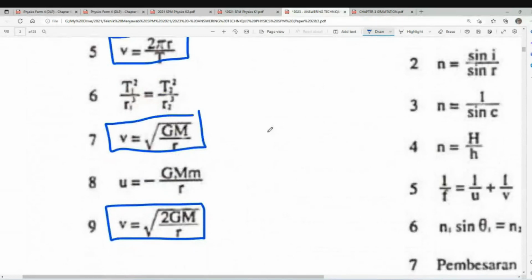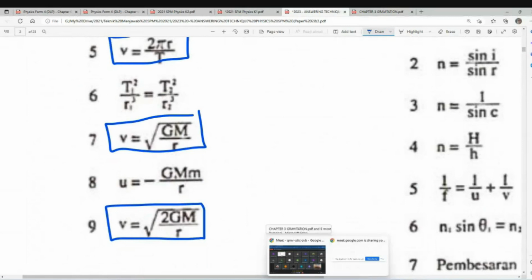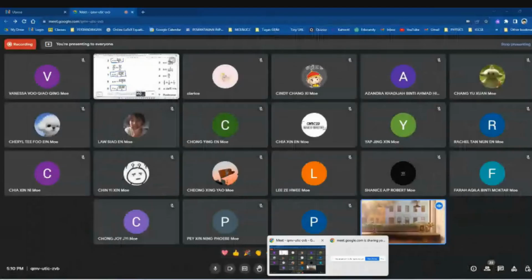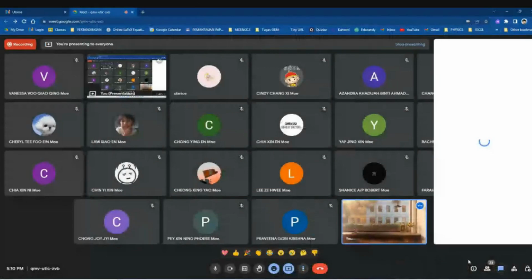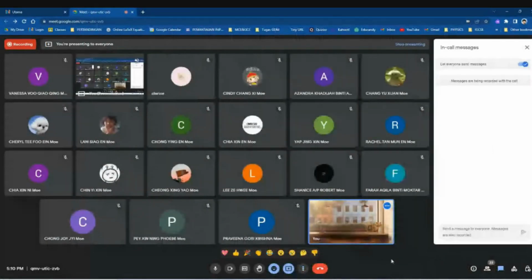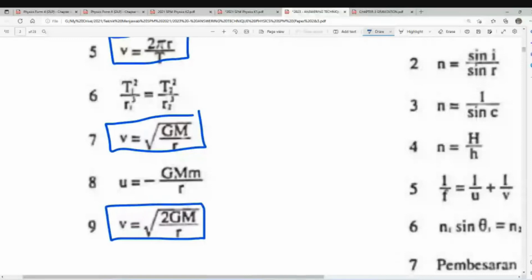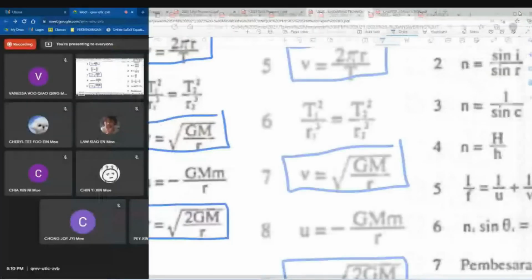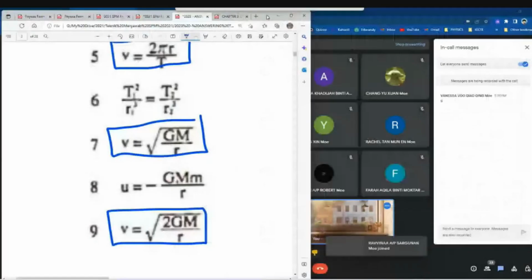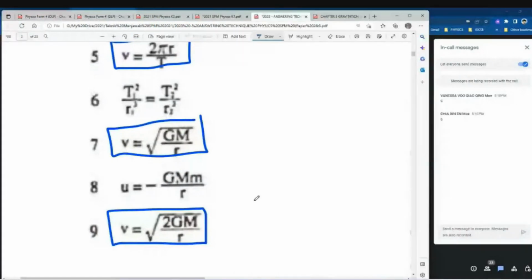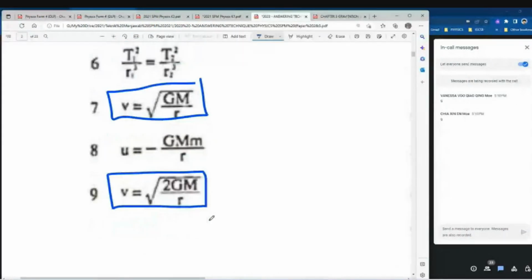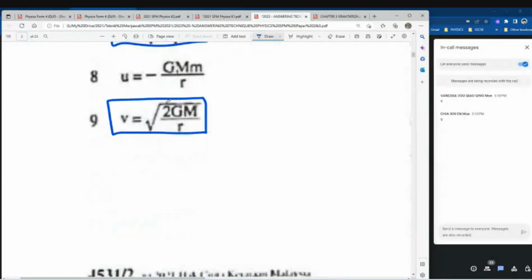Is it number 5, 7 or 9? Which one is escape velocity? Right, number 9 is escape velocity.